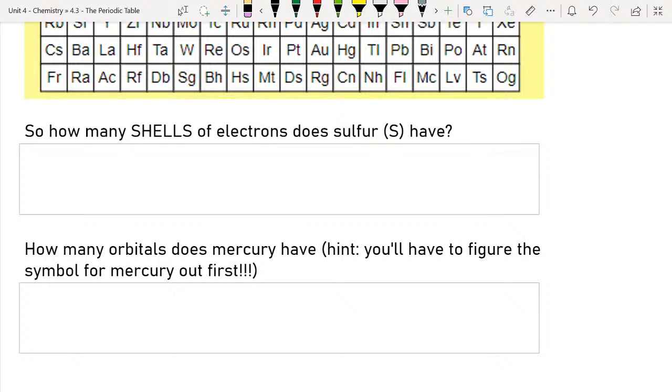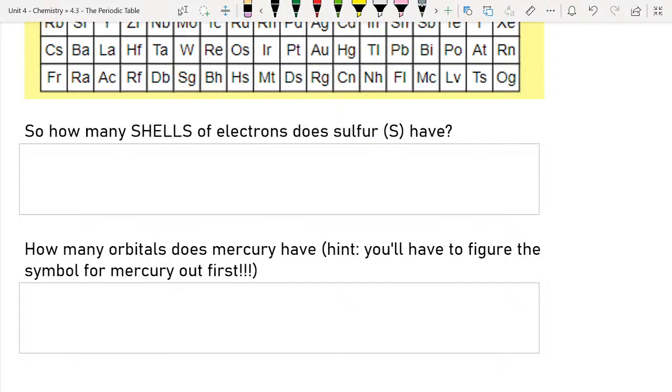Why is it called Mercury? Wait, we should have known this. This is chemistry. I'm so tired of finding the computer.